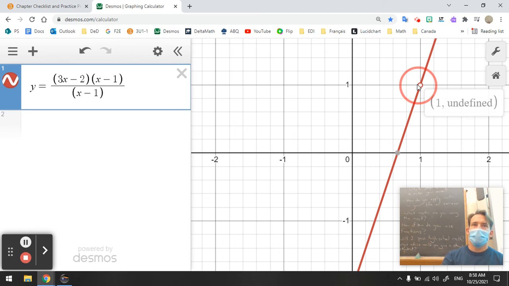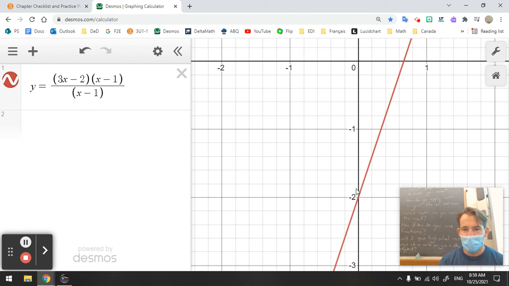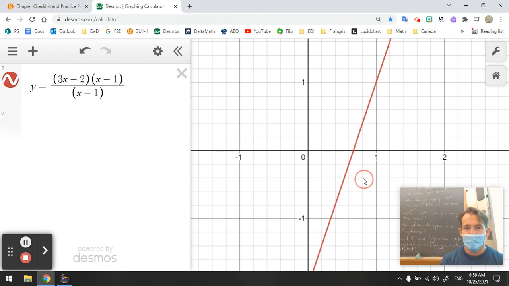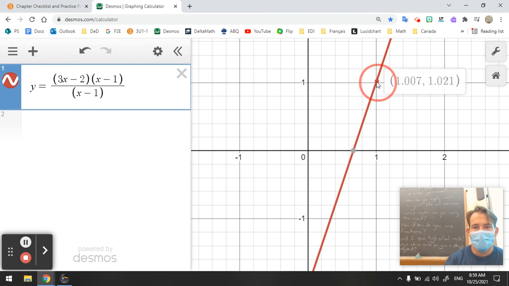See that, Max? I have a line, y is equal to 3x minus 2. So here's its y-intercept at minus 2, and it has a slope of 3. And otherwise, it behaves just like the line you would have studied in grade 9. However, it has an extra limitation that x cannot be 1. There's one value that's eliminated from the domain of this function, and that's x cannot be equal to 1.